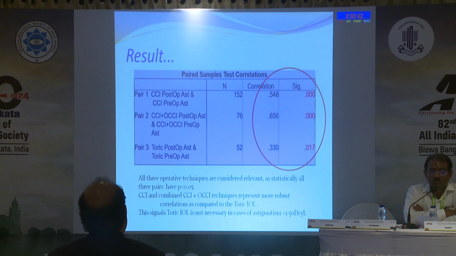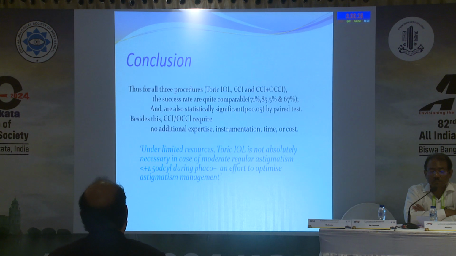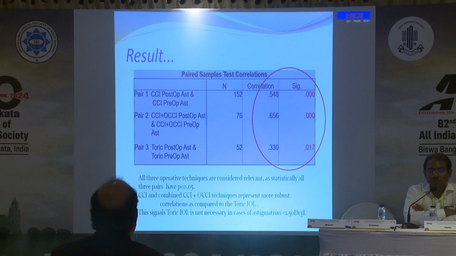Here again the t-test shows all three operative techniques are considered satisfactory. All three groups have p value less than 0.05. So clear corneal incision along with the opposite technique is robust compared with the toric IOL.